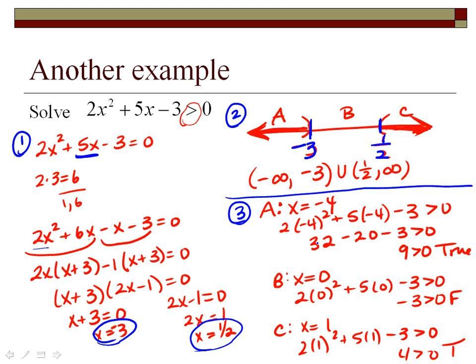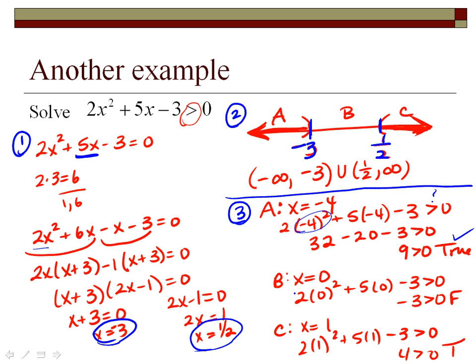We plug in 2 times negative 4 squared plus 5 times negative 4 minus 3, is that going to be greater than 0? Well, negative 4 squared is 16. 2 times 16 is 32. Minus 20 minus 3. 32 minus 20 is 12. Minus 3 is 9. And 9 is greater than 0, so that works.